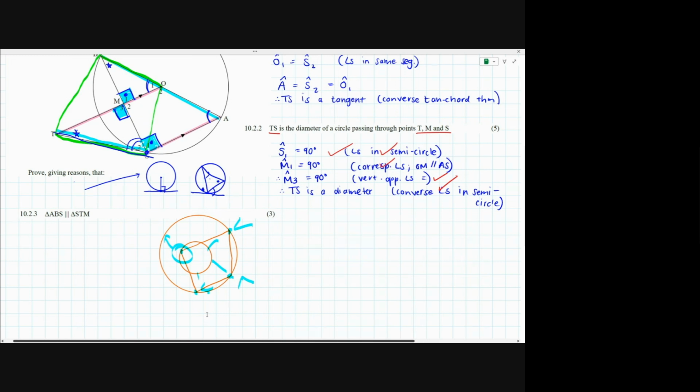If it was a 2 marker, yes, but just remember you could potentially prove that there is a whole other circle that all 4 of them go through. So just be careful, but if it was a 1 marker, 2 marker, or give a reason why it's not a cyclic quad, then you would just say because not all 4 vertices are on the circumference. Okay, thank you, ma'am. Pleasure.